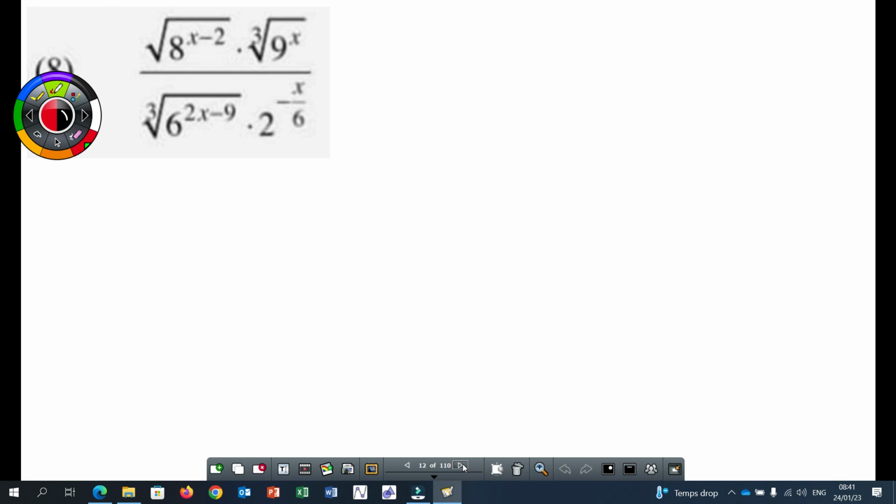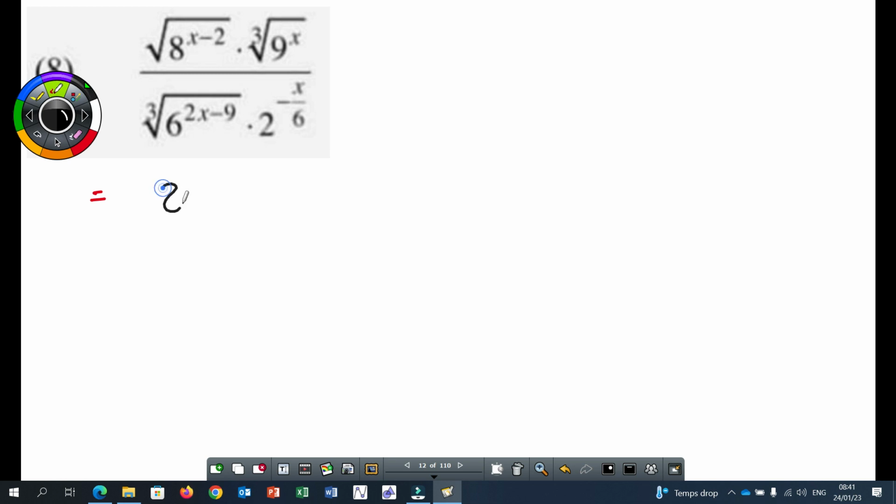Because we have got square roots there, we have got non-prime bases. It means we need to eliminate the square root sign. We also need to convert all non-prime bases to prime. So first thing, I'm going to remove the square root sign first.